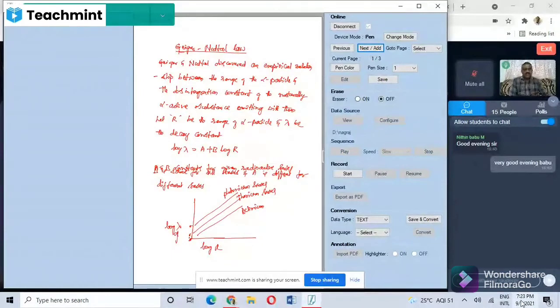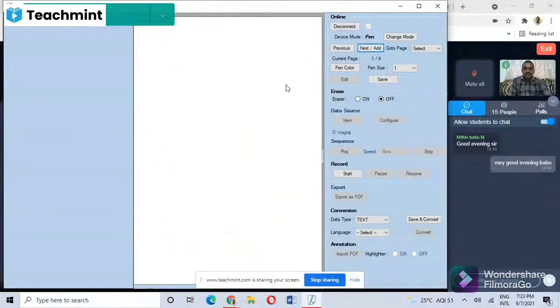So now we have plotted log lambda versus log R, and you get different series.